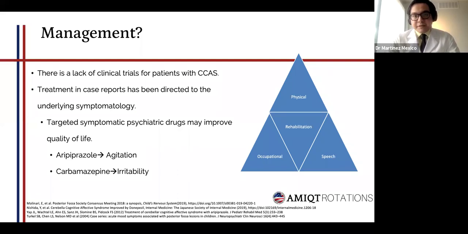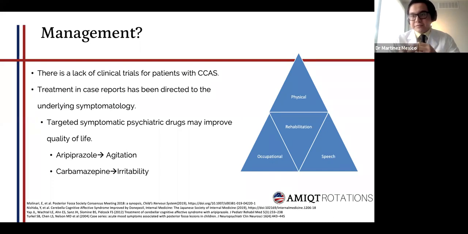If you search, for example, in PubMed or any other library for management of cerebellar cognitive affective syndrome, the results are usually going to be minimal because most of the studies for management of cognitive symptoms in cerebellar patients have actually been done for patients with spinocerebellar ataxias or other global CNS diseases.